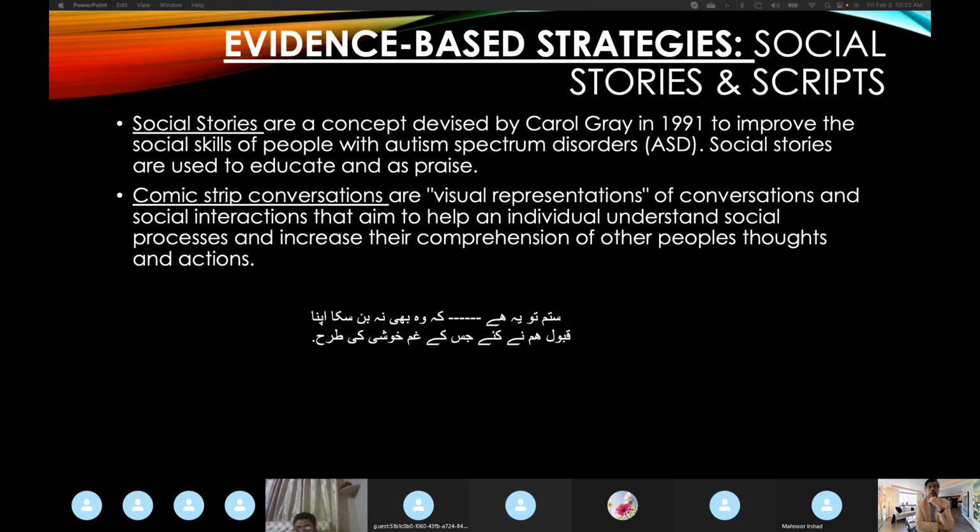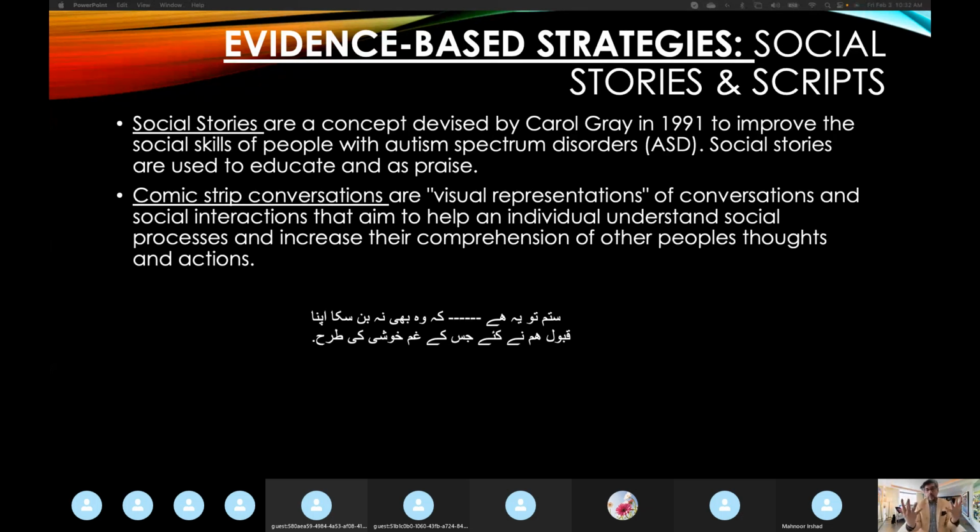Social stories. So this is another way to assess a child, by giving them some comic books with big pictures and simple things on them, so they are able to understand the stories, that this is meet and greet.